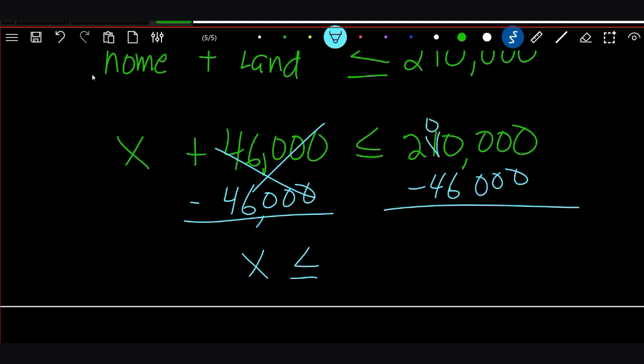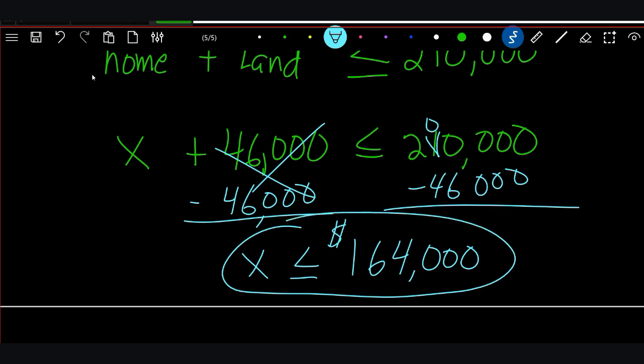If not, it's not a hard problem. You guys have been doing this kind of arithmetic for years. And so you'd have 164,000 left. Let me write that a little bit better, 164,000 over here so you can see it better. 164,000 would be our answer, and this would be dollars too.